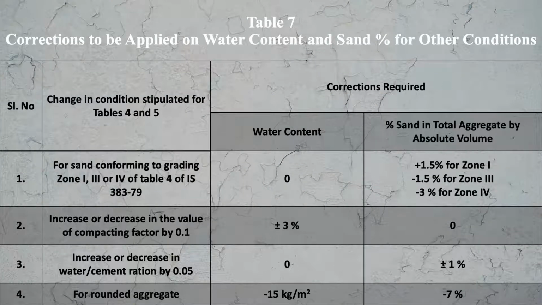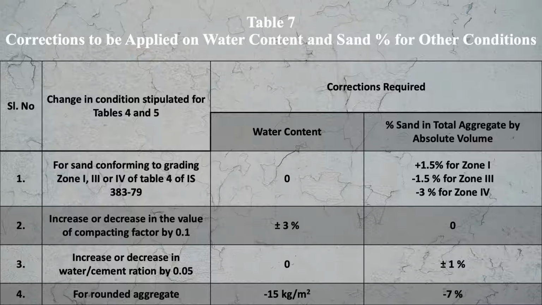Table 7 gives the corrections to be applied on water content and sand percentage for other conditions. In the first column, you see the change in condition stipulated for table 4 and 5, and in the next column you see corrections required for water content and also for percentage sand in total aggregate by absolute volume.